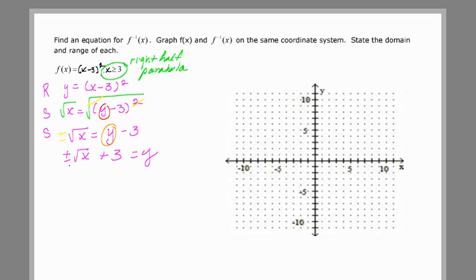I've got to choose plus or minus, and I'm going to choose the plus because look back over here with our parabola. Were we considering the left half or the negative half of our parabola, or the right half, which is the positive half? Because we're choosing the right half, which we can think of as the positive half, that is telling me right now to choose plus.